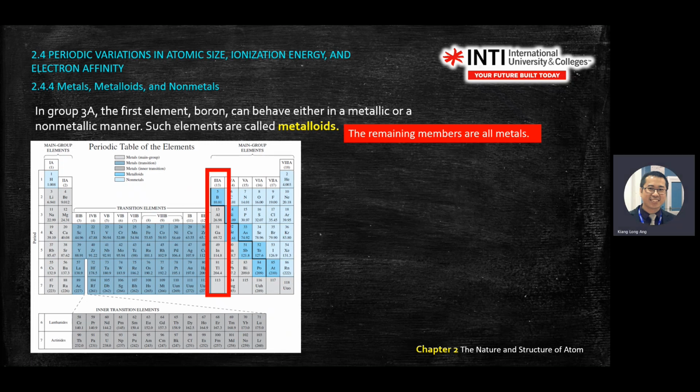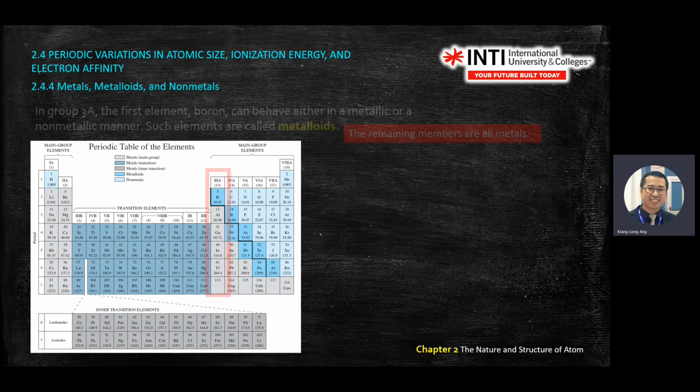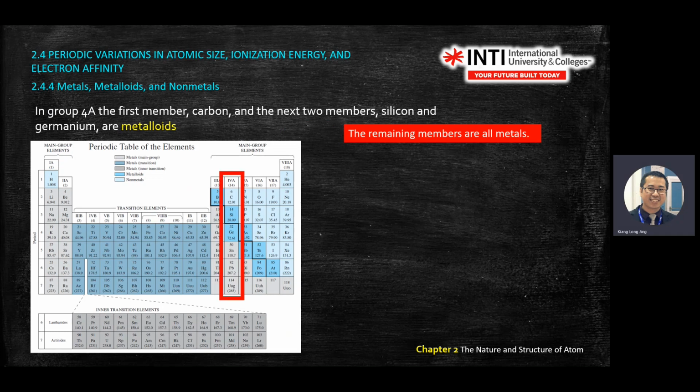Sometimes it's a mixture. You can see this one is a metal, the rest are non-metals. Boron is a metalloid, while the transition ones are metals. The rest you read.